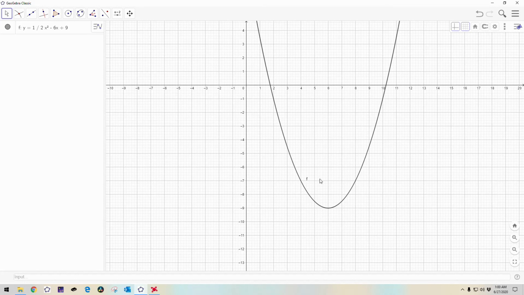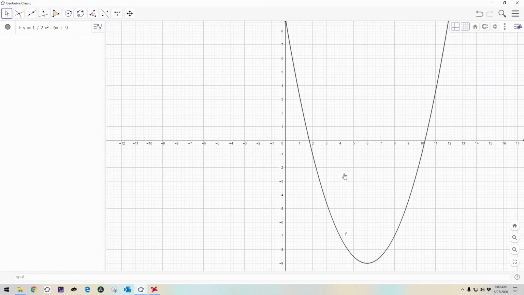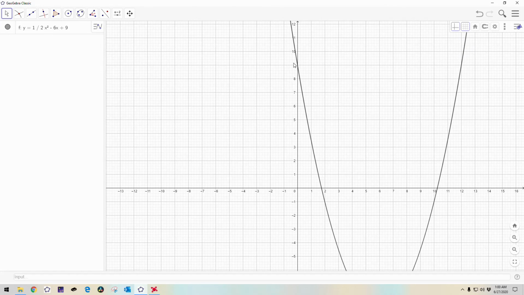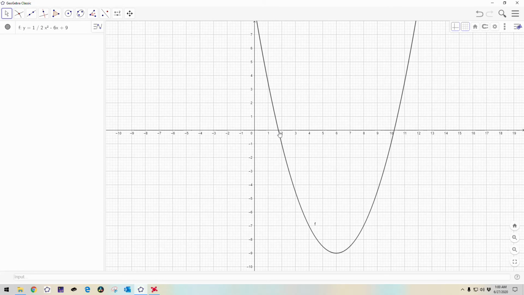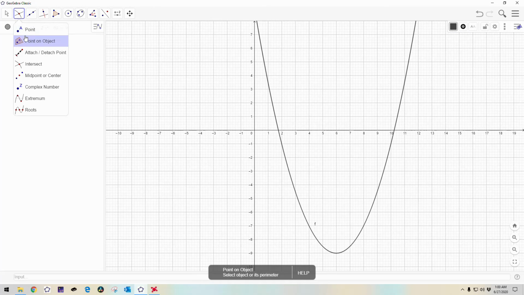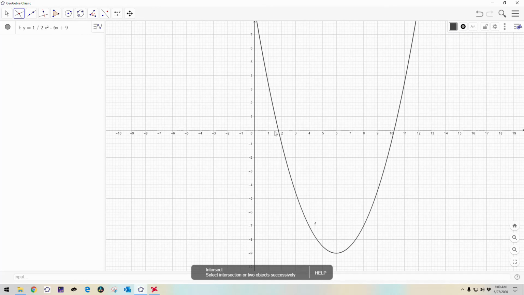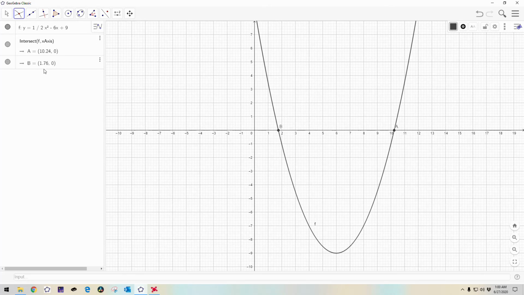The vertex was 6, negative 9 as we calculated. The y-intercept at positive 9. And then the x-intercepts, as you can see, just a little bit less than 2, just a little bit bigger than 10. Let's actually compute those if we can. There they are, 10.24 and 1.76 as we calculated.